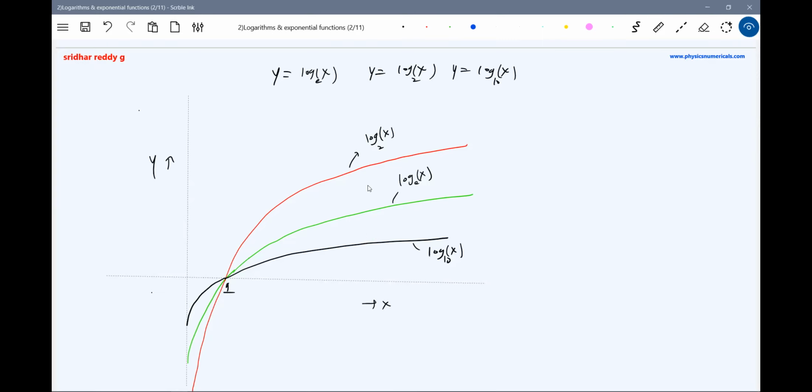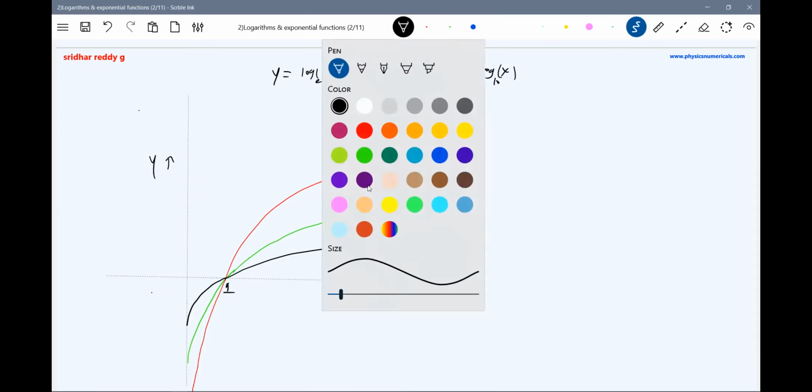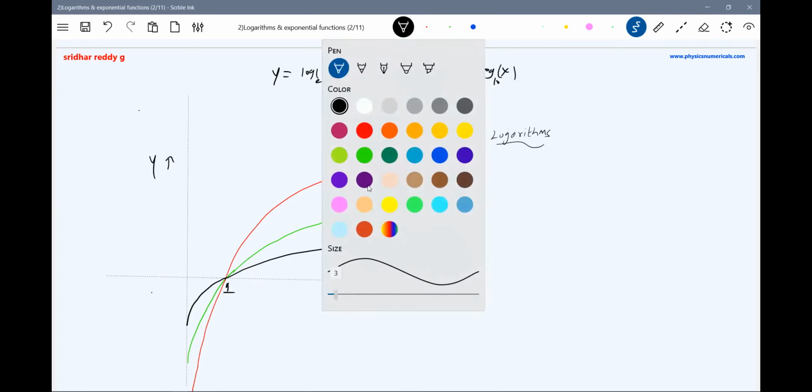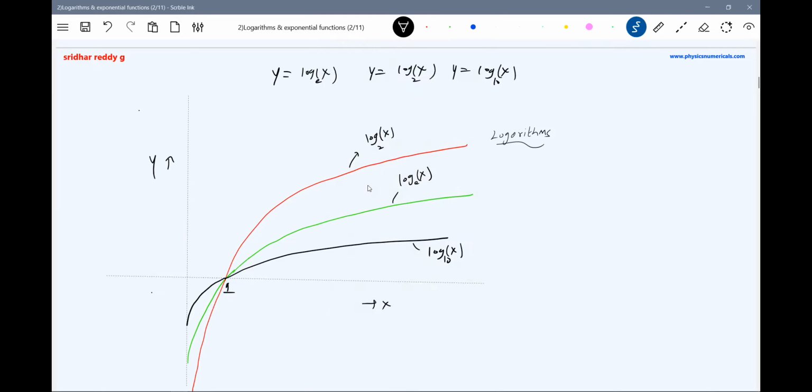Now you can ask the primary question again: sir, what do you mean by logarithm and what do you mean by the exponential? Here we'll just put it in a simple way. Logarithms reveal the inputs that caused the growth.